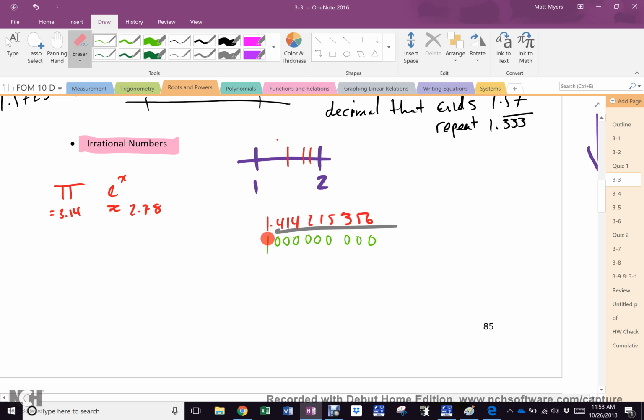Now, Joseph has asked the question, since my calculator screen ends there, if I do square root of 2, and it goes on, Joseph says, well, how do you know it doesn't repeat later on? Well, you don't. Except that there's been lots of math research done with these square roots, with millions of them, to show that the numbers keep going and going and going. So they are deemed to be irrational.